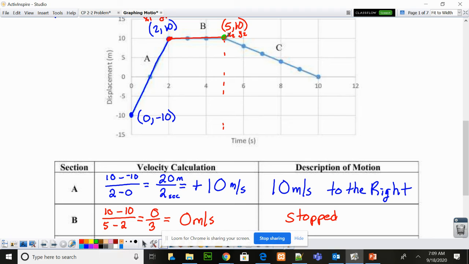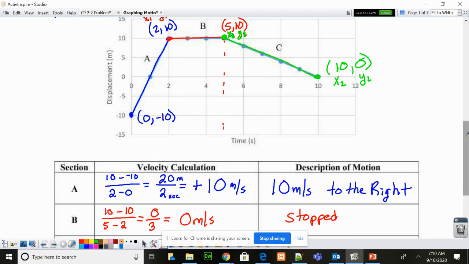In this last section, again, any 2 points, but I'm going to just choose the first and the last, especially since I have the first labeled already. So this is over 10 and up 0. I'll call this x2, y2, which means that this is now x1 and y1 for the green segment.